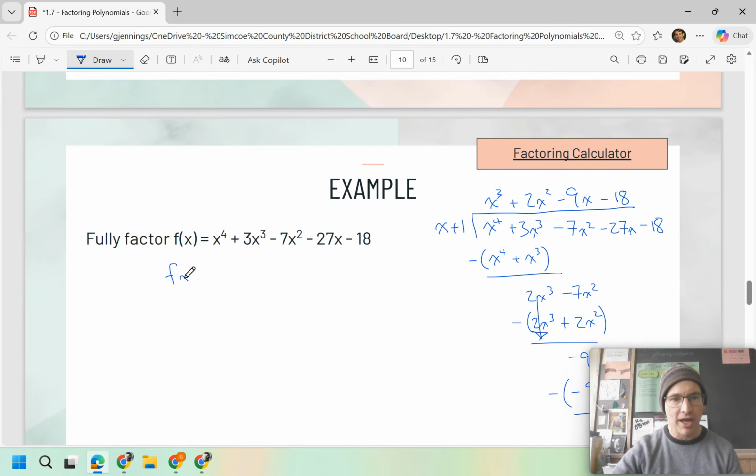We say f of x equals x plus 1 multiplied by x cubed plus 2x squared minus 9x minus 18. And now, how do we factor this?